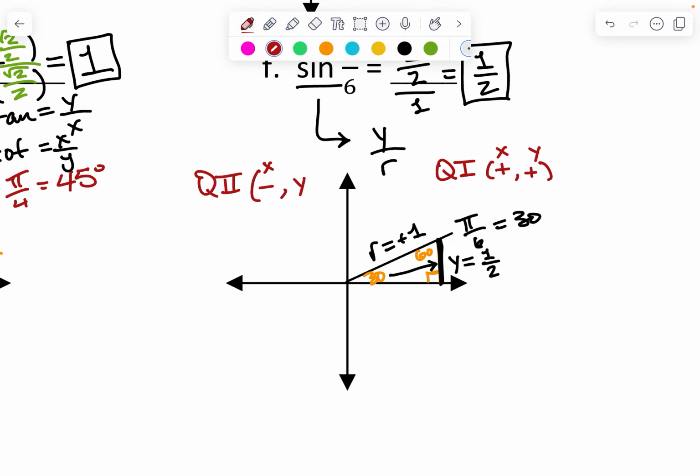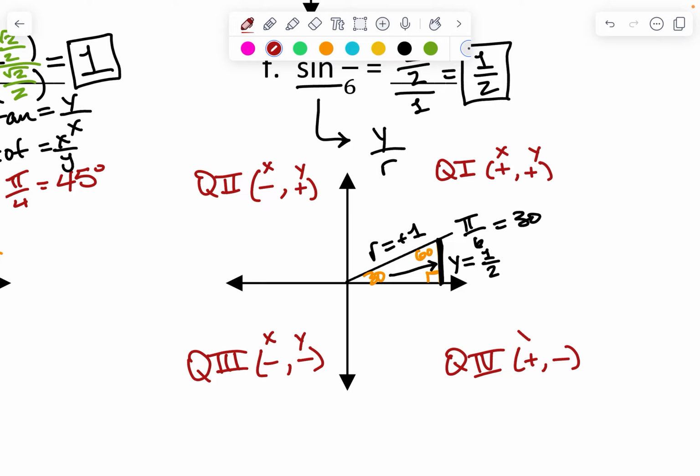Your y is still going to be positive, though. When you go to quadrant 3, you've had to not only move left, which means you have a negative x, you also have to move down, which means you have a negative y. And lastly, in quadrant 4, you've moved to the right, which is positive, but you had to move down, which is negative.